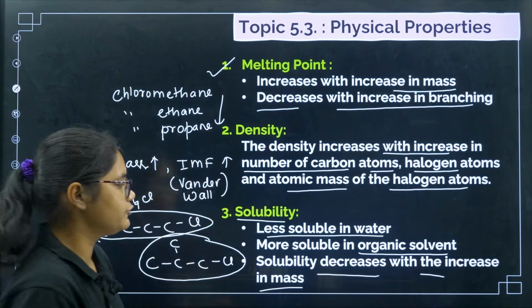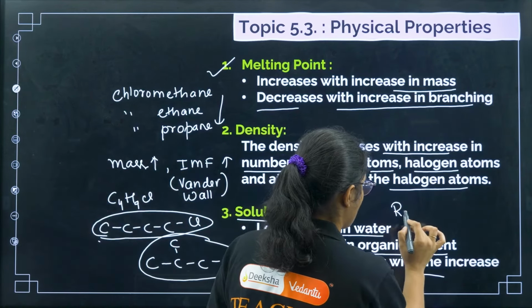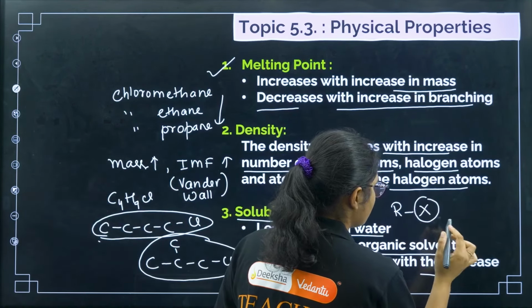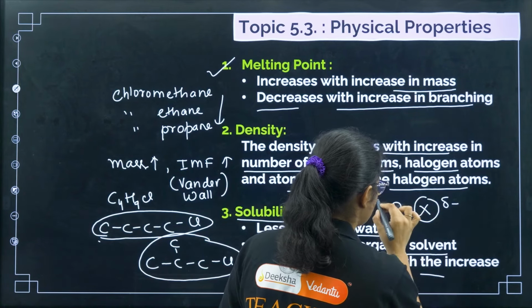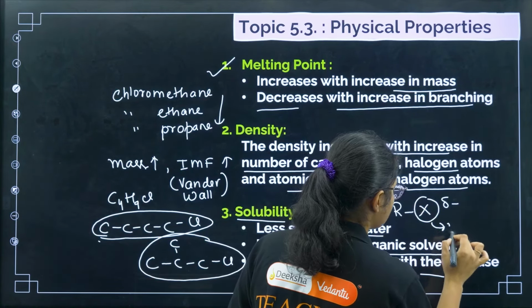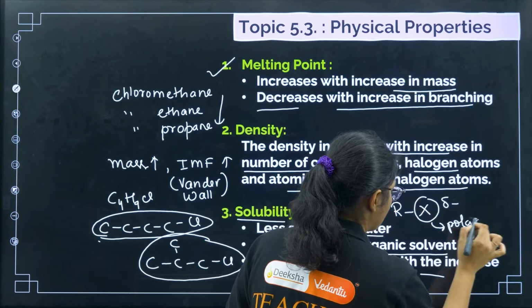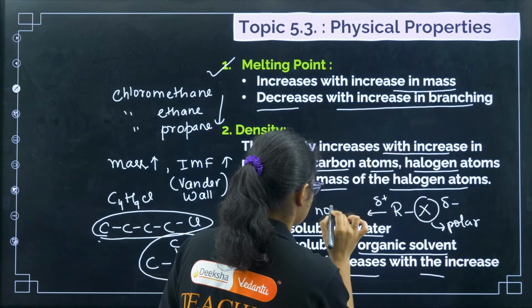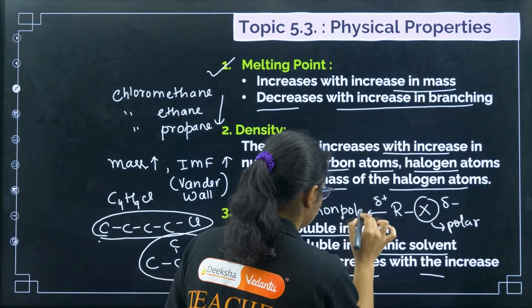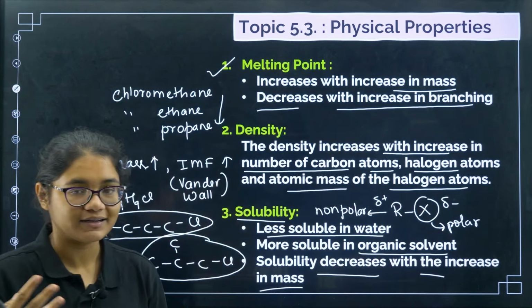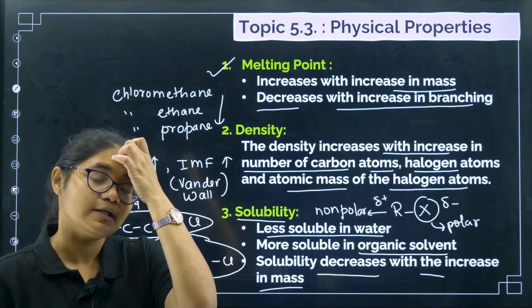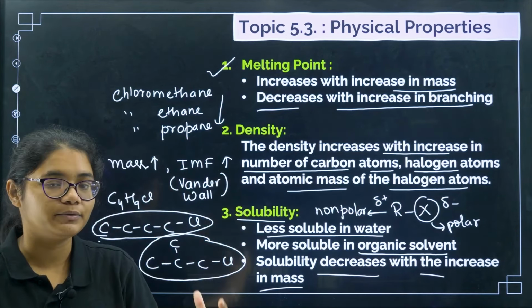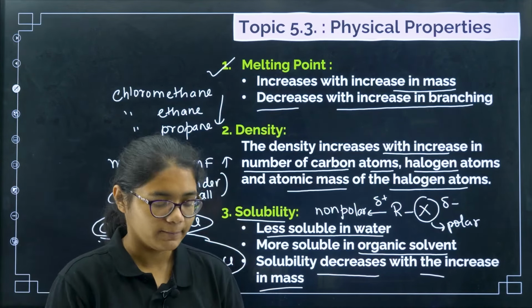If you see this R-X, this is the polar part, and this is the non-polar part. If the chain is increasing, the non-polar part is increasing, so its solubility in water will decrease.